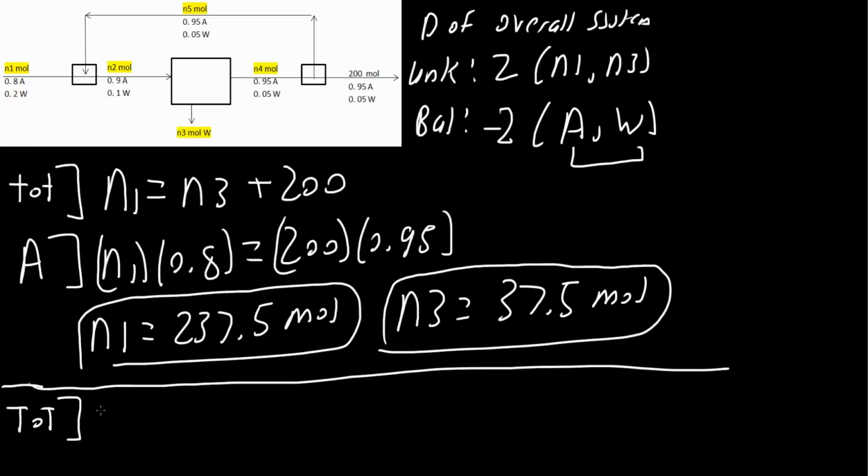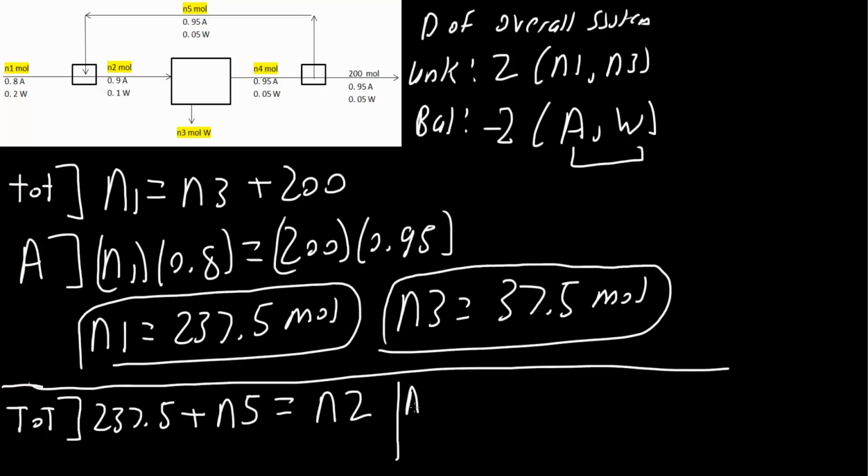So that would be 237.5 going in, plus N5 is also going in. This is going into this system right here. So N5, and that's going to equal N2, our output. Now N2, we don't actually know, so that's two unknowns. So we need another equation. Next we could do an A balance.